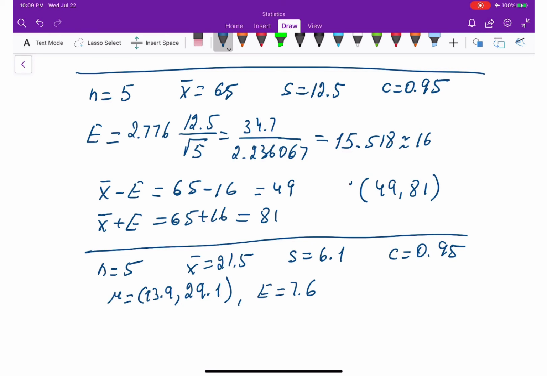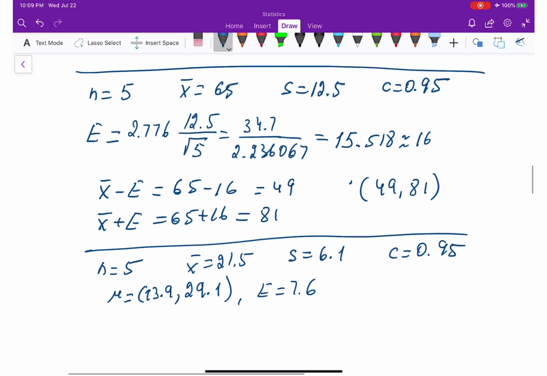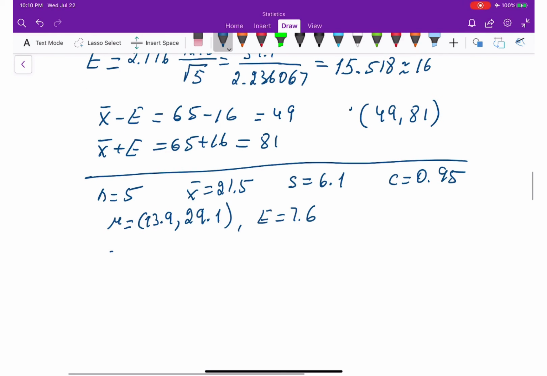Through research, it has been found that the population standard deviation of driving distance to work is 6.9. Population standard deviation, so instead of s we are using sigma, is 6.9.